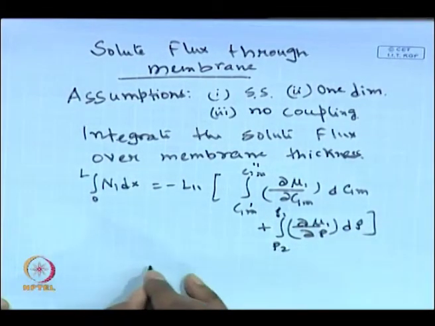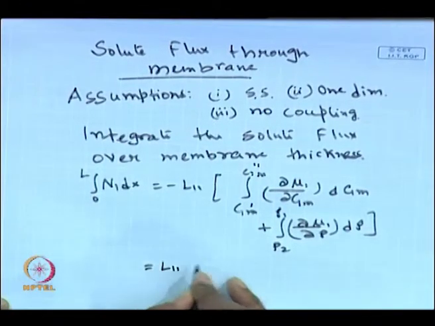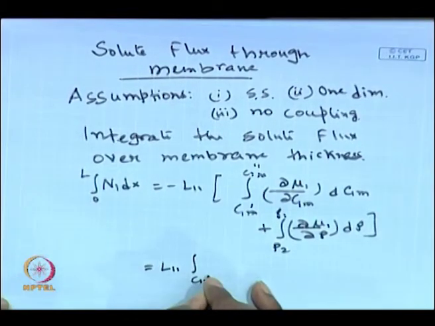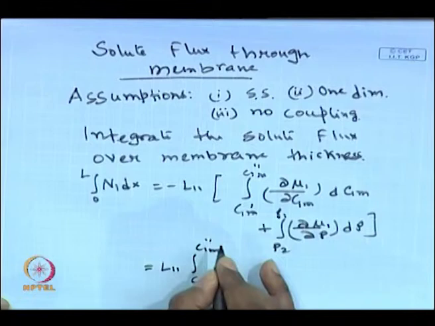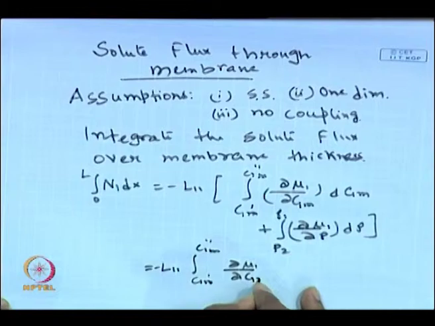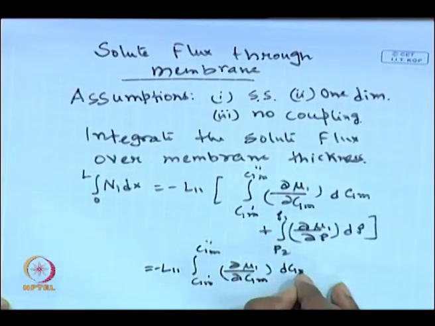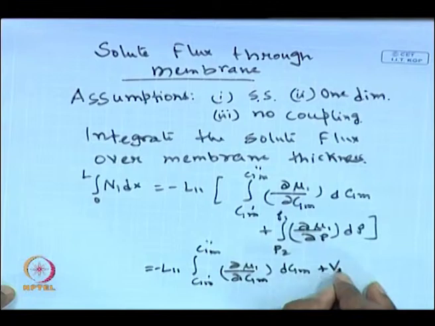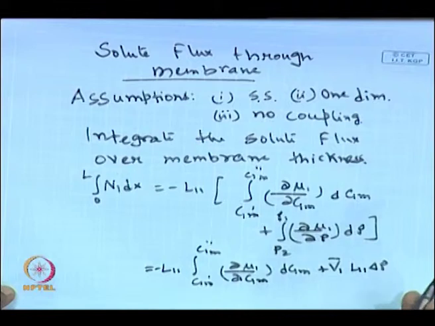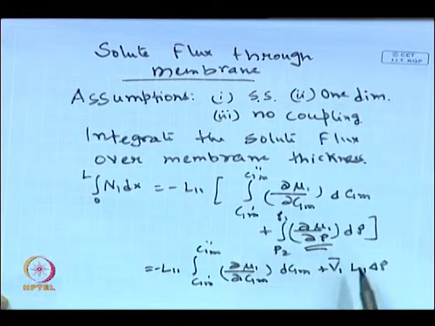So, you will be getting L11 times, with a minus sign here, the integral from C1m prime to C1m double prime of del mu 1 del C1m dC1m, plus V1 bar L11 delta P. We invoke the definition of the molar volume of the solute and replace del mu 1 del P in terms of the molar volume.